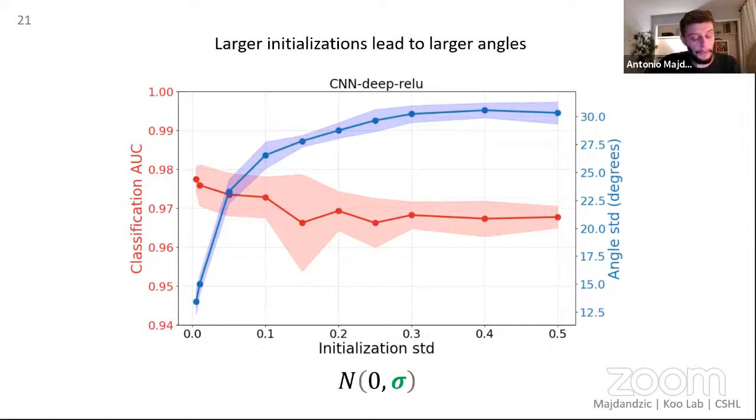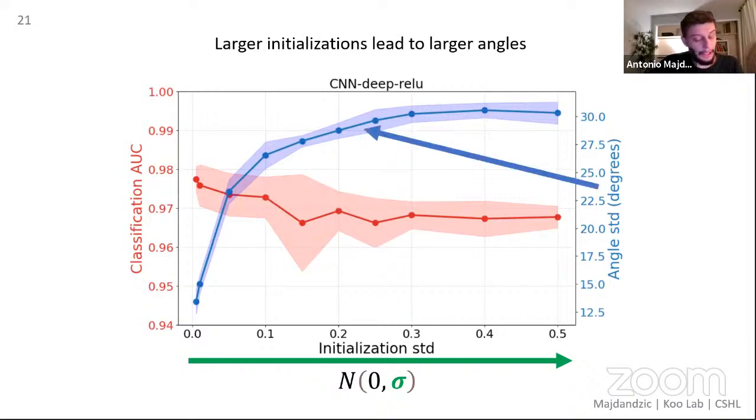So we investigate a lot of other properties in experiments, and we cannot go over all results in the paper, obviously, but I'm going to show you one more interesting experiment. By increasing the weight initialization standard deviation, we notice that it results in larger average angles after the model is trained. This is the blue line in the figure.